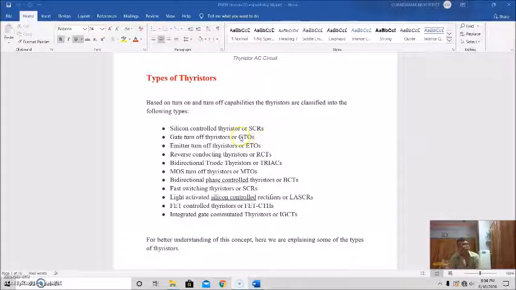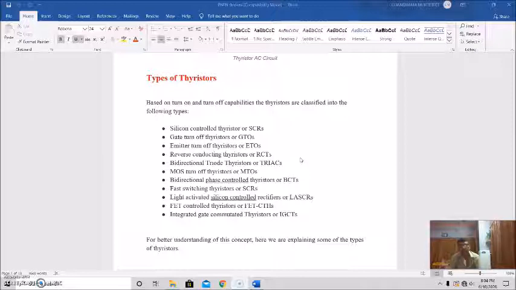SCR cannot be turned off with gate control, but a GTO can be turned off with gate control. That's why it has very wide applications also. Then the next one is emitter turn off thyristors or ETOs.